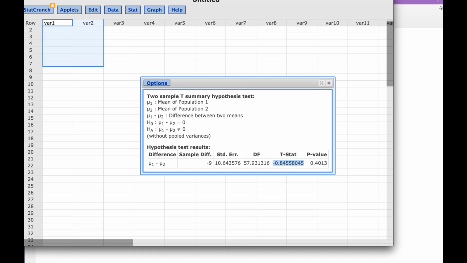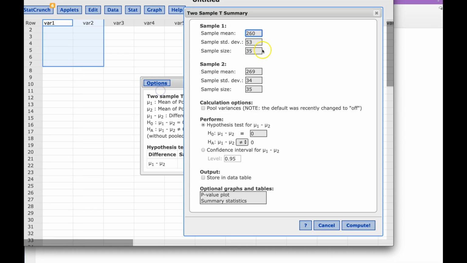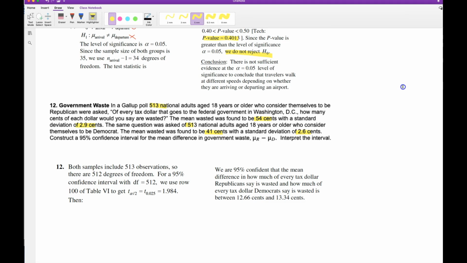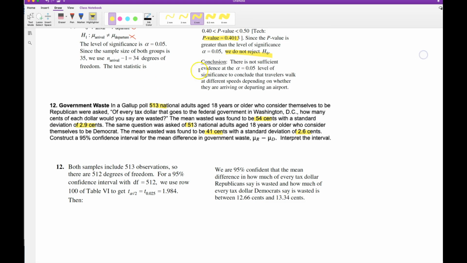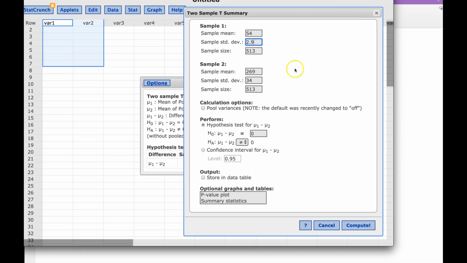So again, go to StatCrunch. I know the sample size is 513 for each. We are comparing Republicans minus Democrats. Republicans first, we had 54 and 2.9. Democrats here were 41 and 2.6.